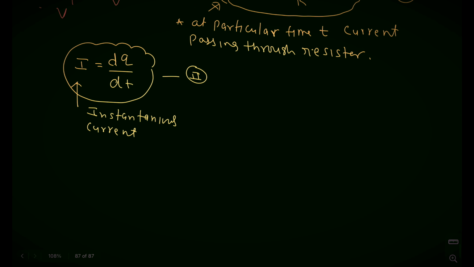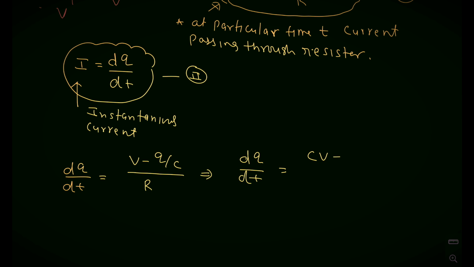From first and second we can write dq by dt is equal to (B minus q by C) upon R. Now I'm just going to solve this. dq by dt is equal to (CB minus q) by RC.